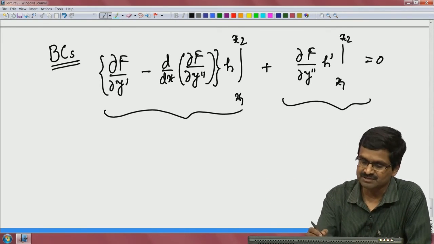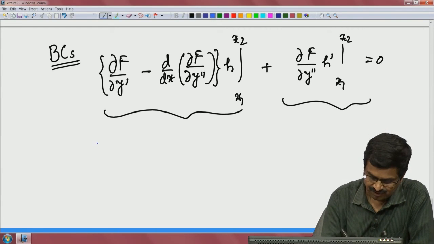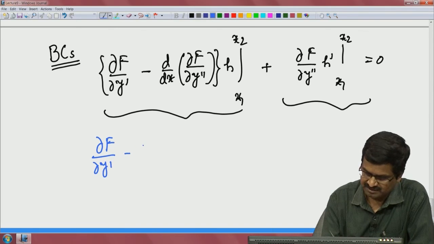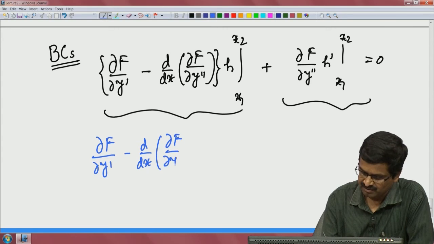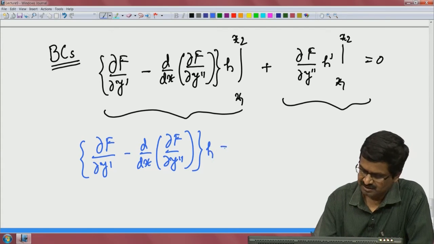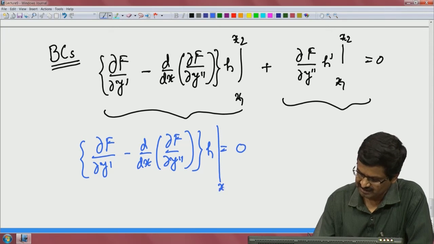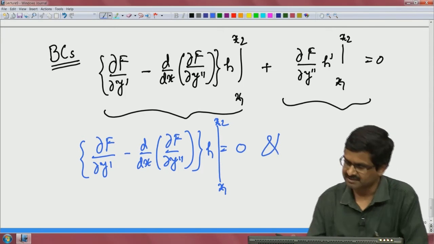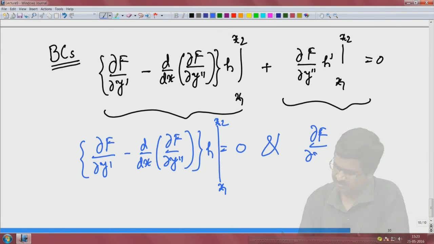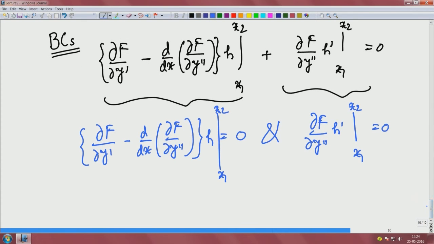If we separate out, which is the more common case, what we say is that dou f by dou y prime minus d by dx of dou f by dou y double prime, times h, equal to 0 at either end, okay, and dou f by dou y double prime into h prime at either end, x1 and x2, equal to 0, is possible separately or together sometimes.